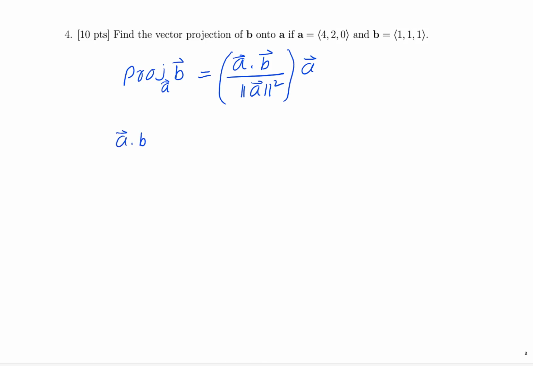A dot B. A dot B is (4, 2, 0) dot (1, 1, 1). So this is 6.